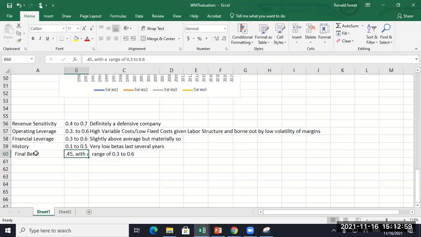So 0.5 is going to be my base case. That's somewhat consistent with what I have there. And I don't want a range between 0.3 and 0.6. I could even go higher, maybe even 0.7 on the range. But I've got my beta. All right. So you got to support your beta. And once you do that, you just have one last thing to do.